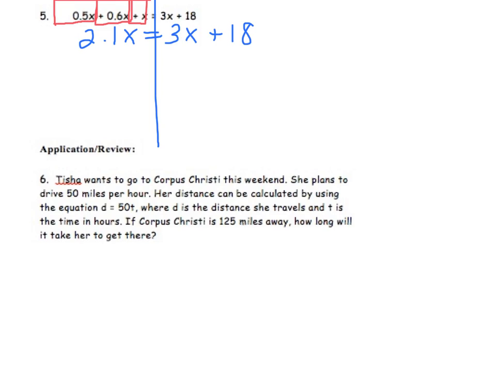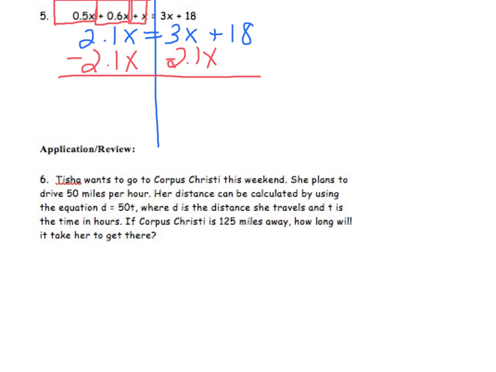Okay, so when I got them all combined, you'll notice that my 2.1x is smaller than my 3x. So I'm going to be moving my 2.1x. So when I do that, don't forget about basic math. If I do it to one side, I'm doing it to the other side.